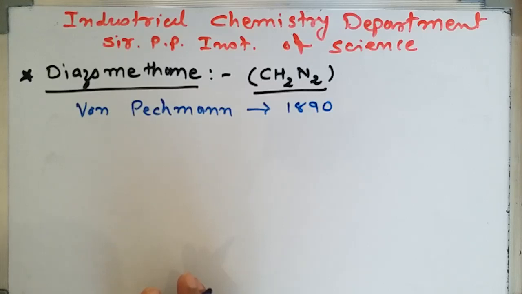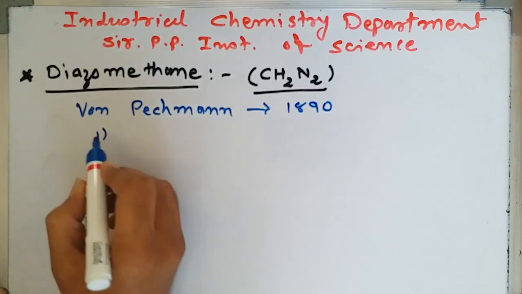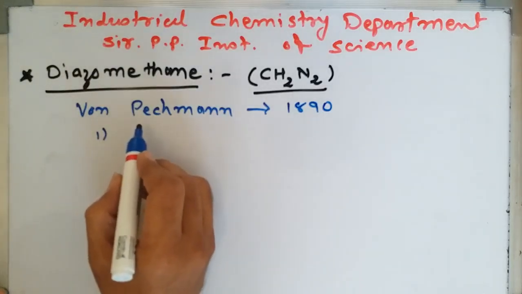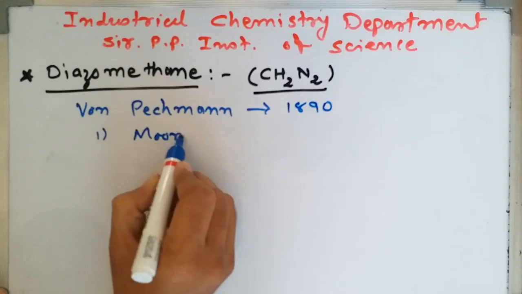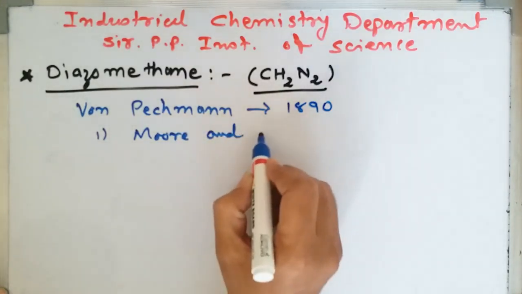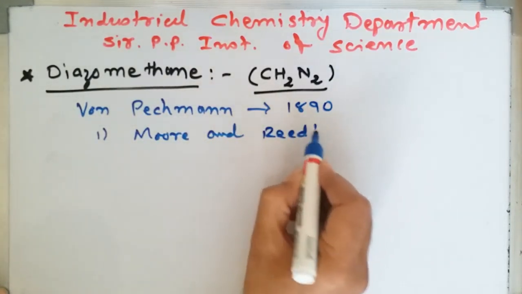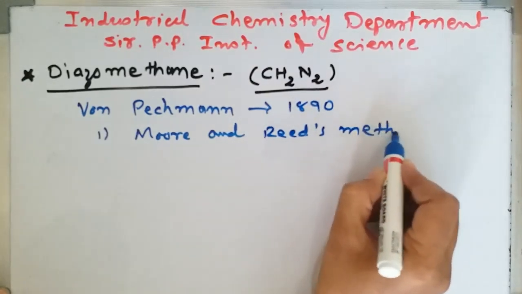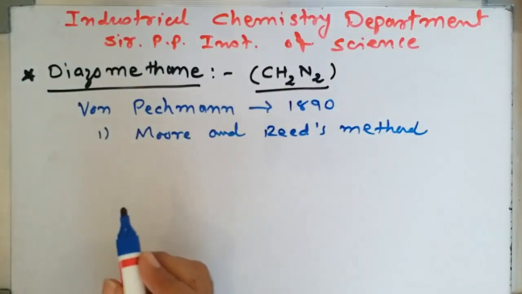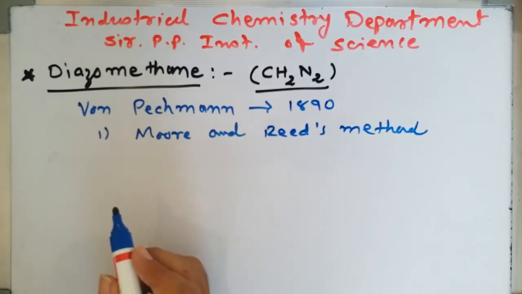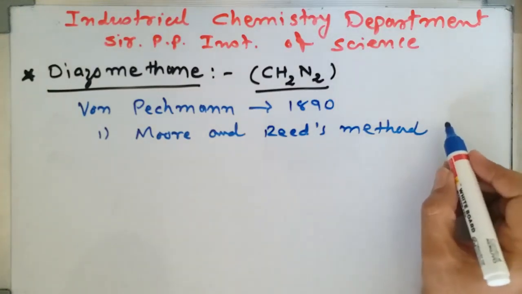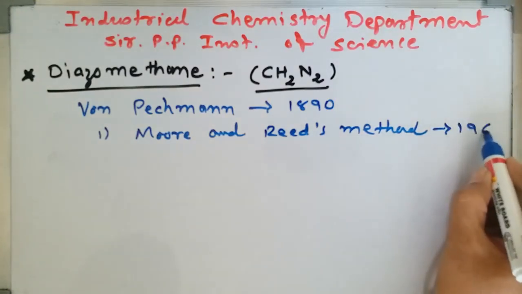Another important method is known as Moore and Reed's method. This is very important for the preparation of diazomethane. Moore and Reed developed this method in 1961.